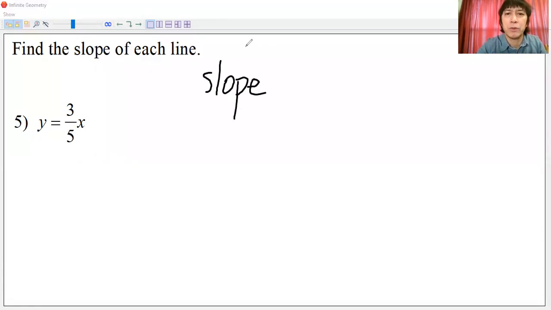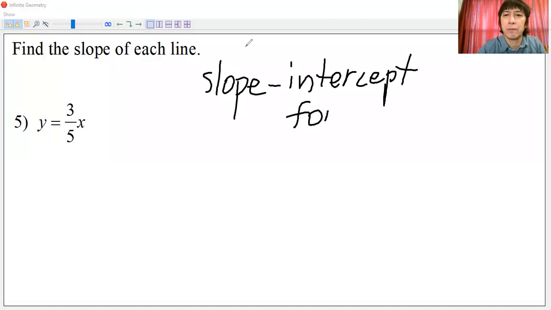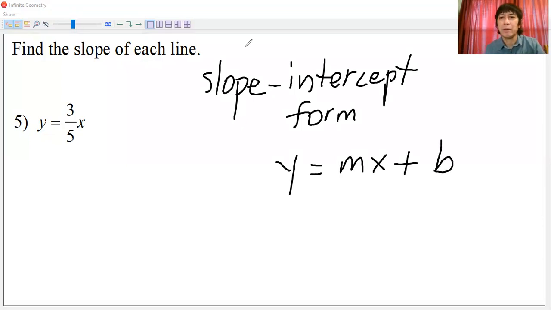This is the slope-intercept form. There, okay? Where you can see the M as the slope and the B is the y-intercept.